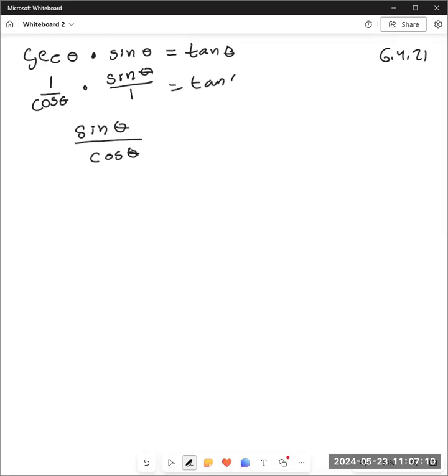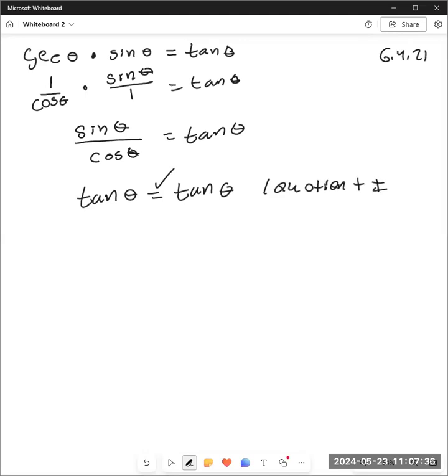That's the whole idea of establishing an identity, is you're only touching one side and leaving the other side alone and using steps to prove that the left-hand side is equal to the right-hand side, like so. And our reason that we can do this is a quotient identity.